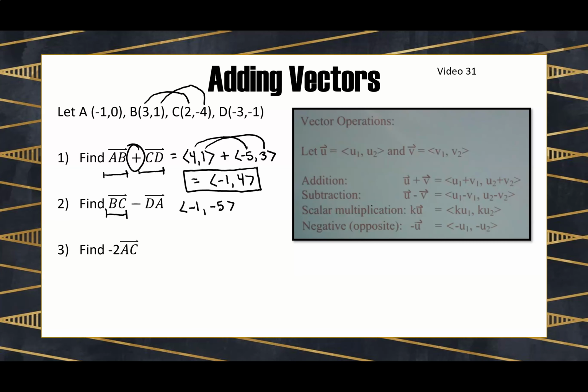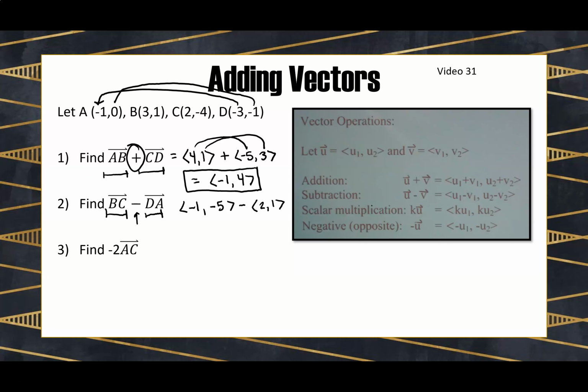Now I want to find what DA is. And remember, I'm going to be subtracting them. I'm going from D to A. So how do I get from -3 to -1? Well, I add 2. How do I get from -1 to 0? I add 1.